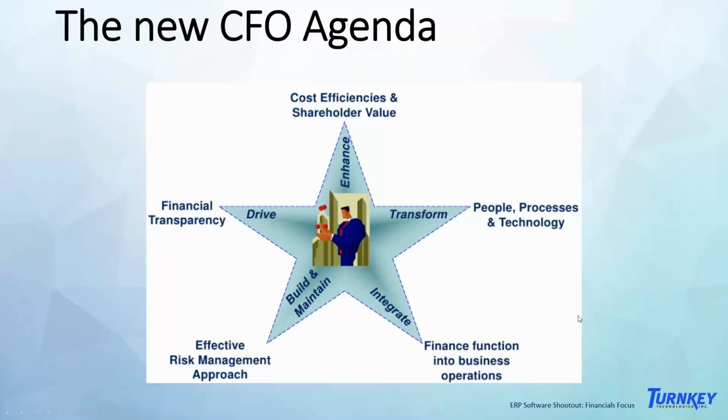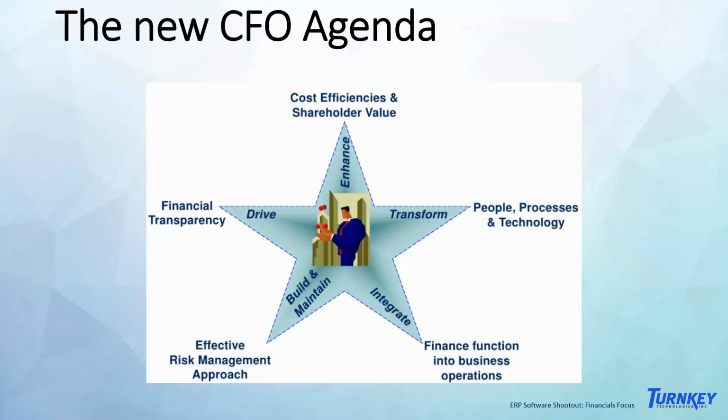What's on the new CFO agenda, and how can we cover it? That's the point I'd like you to see: from the financial point of view, what are we trying to accomplish by using any kind of solution.